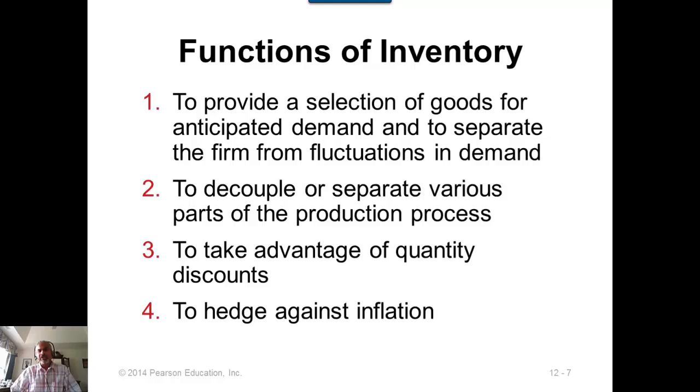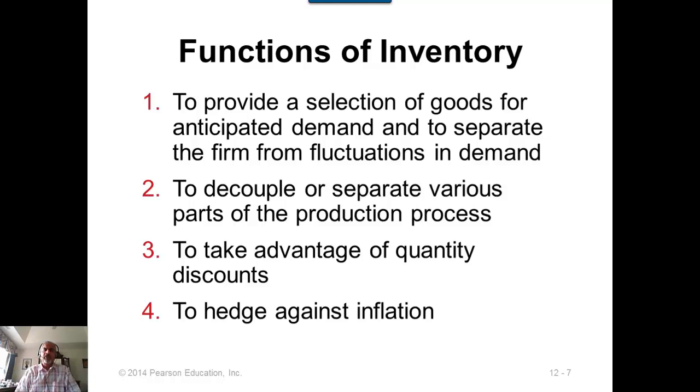And one more reason why we may build inventory up is because there may be times when additional discounts are offered by our vendors if we order in larger quantities than what we immediately need. So to take advantage of quantity discounts, we may order more than what we need right away, and that would result in inventory.